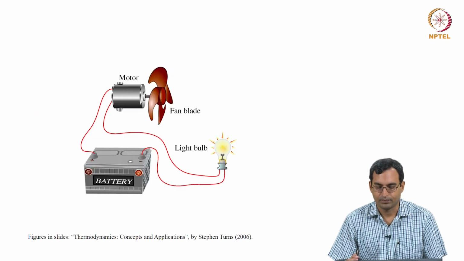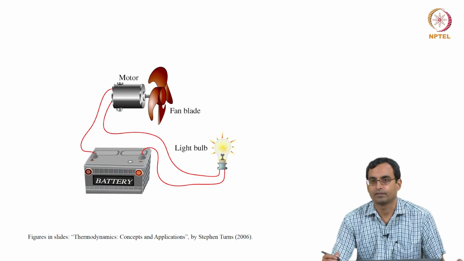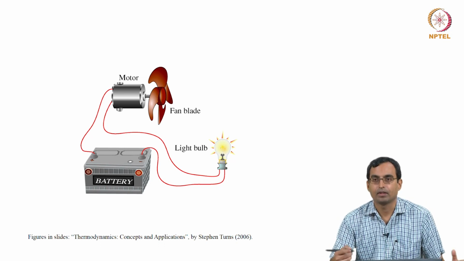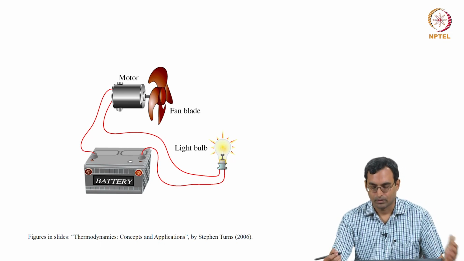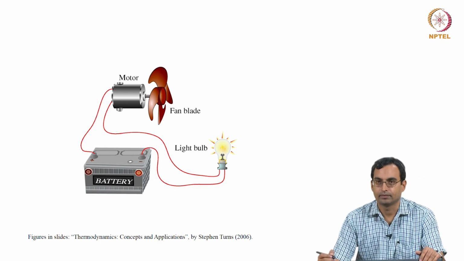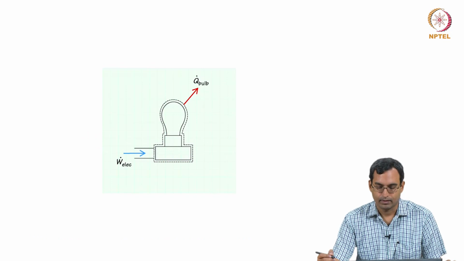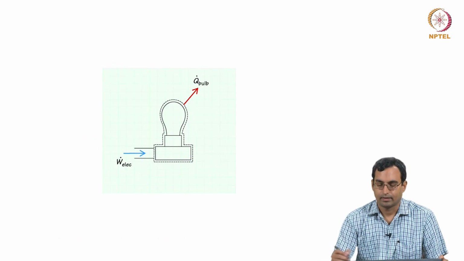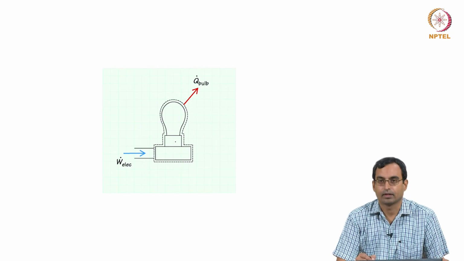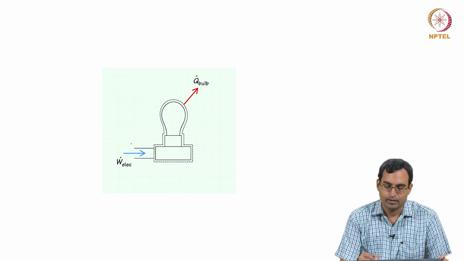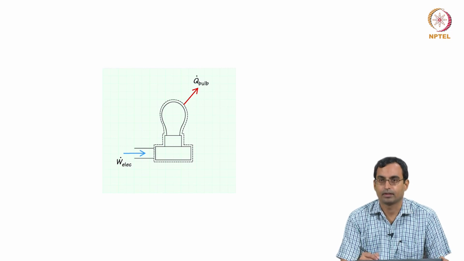For example, if we have a system of this kind where we have a battery, a motor and a light bulb, we have been using these equations. So if I take each of these individually, then if we take the bulb, there is electrical work being done on this bulb because there is power from a battery, a DC battery in this case, which is powering this.